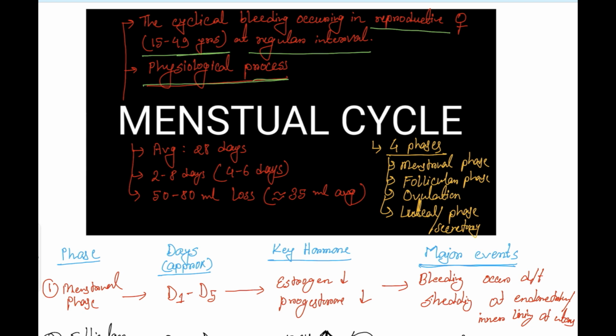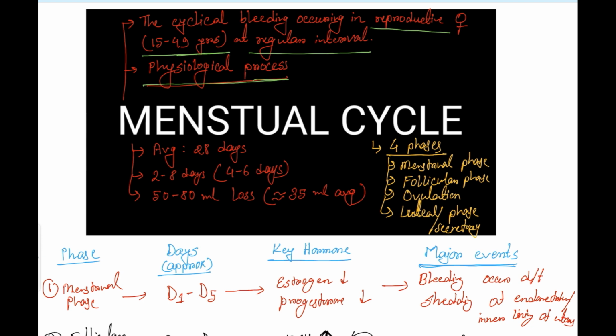If a woman at the age of 60 or 70 years comes to you complaining about the same problem, then that can be a pathological reason. But if a woman at her reproductive age between 15 to 49 years complains that at regular interval she is getting bleeding through the vagina, then that is a physiological process.